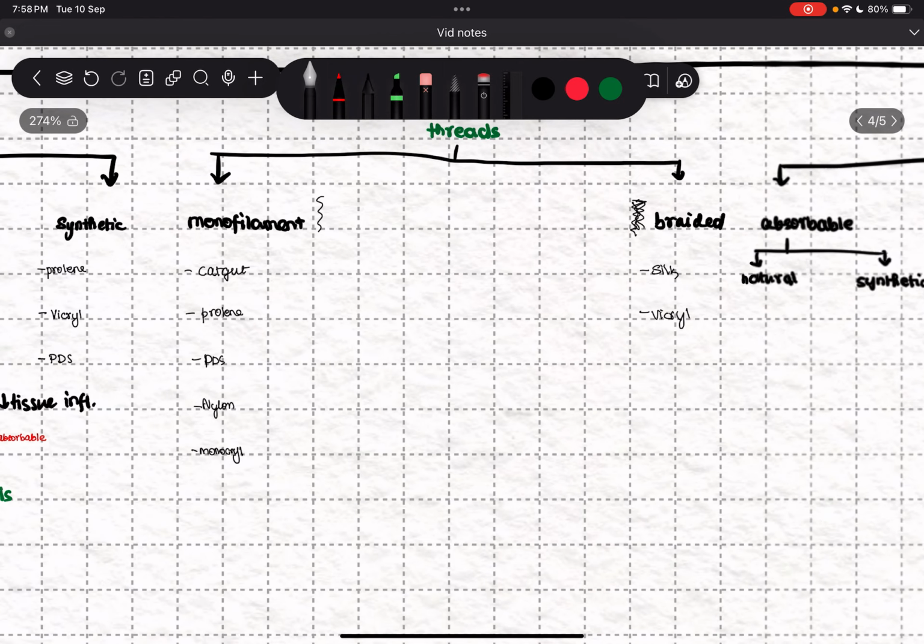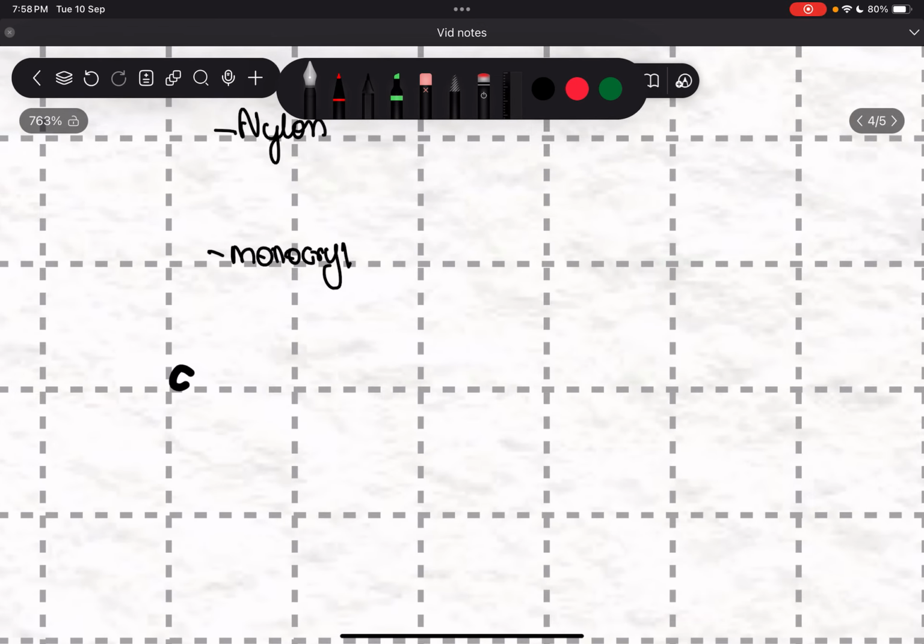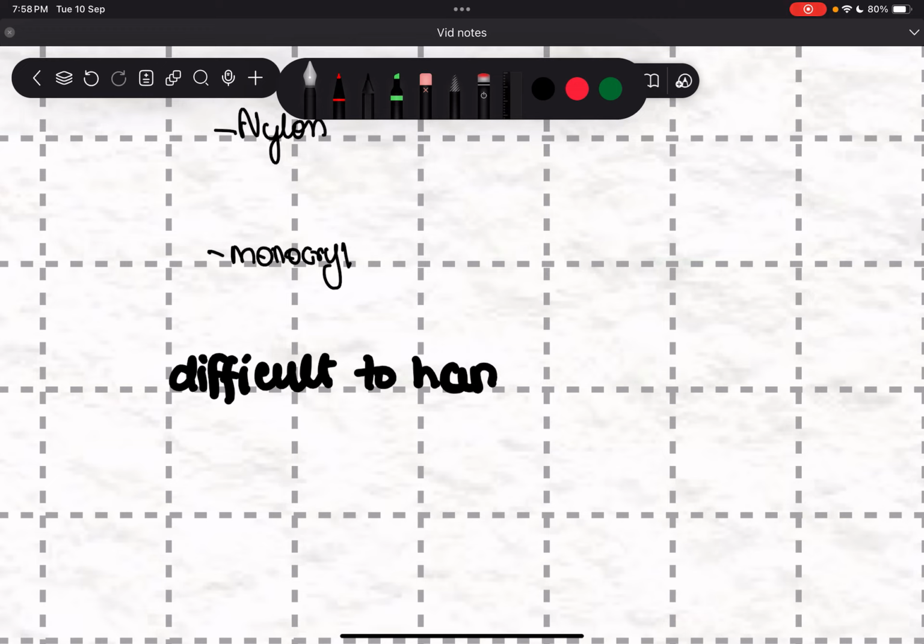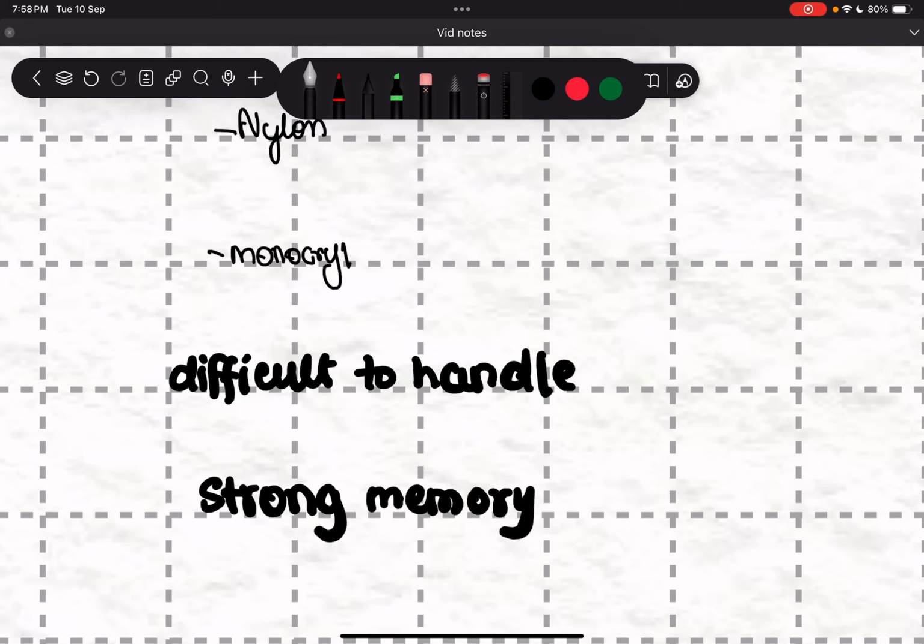Now, monofilament and braided suture. Monofilament sutures, they are difficult to handle because they have a strong memory. First of all, what is a memory?